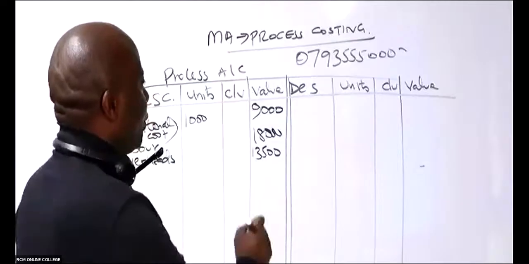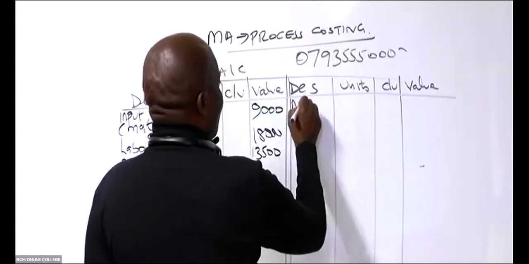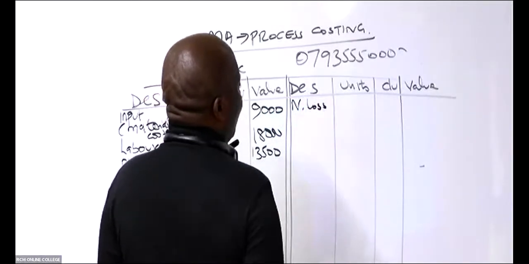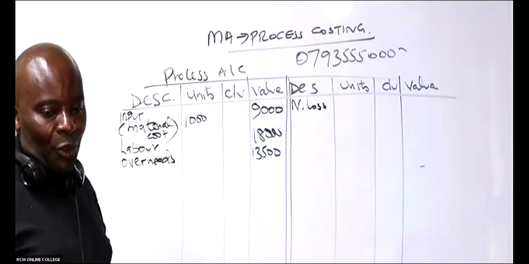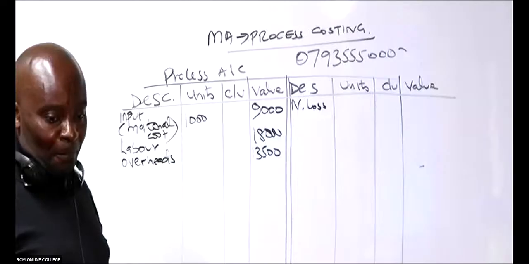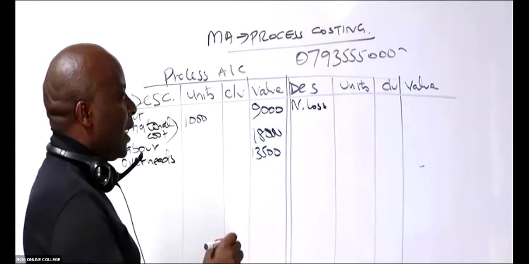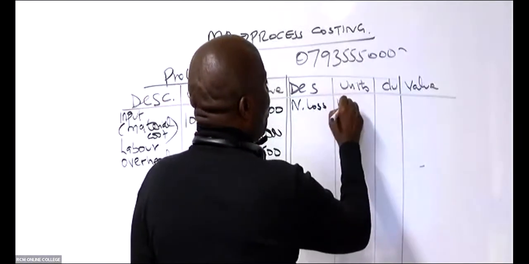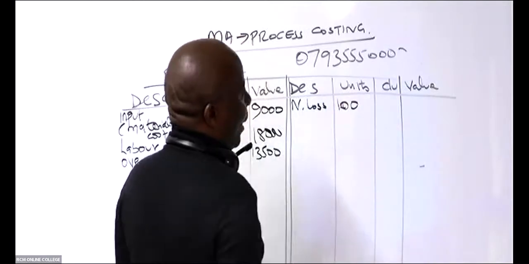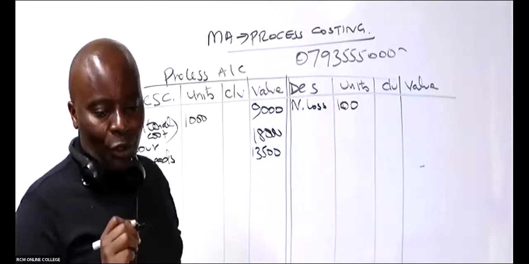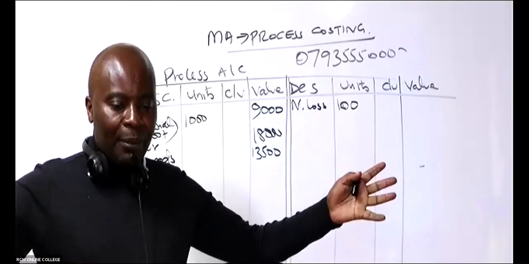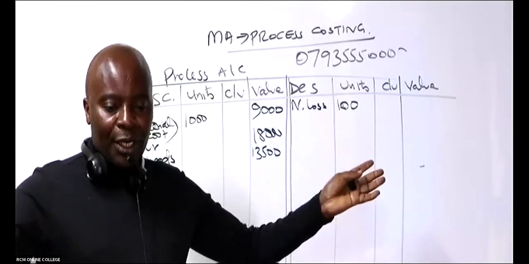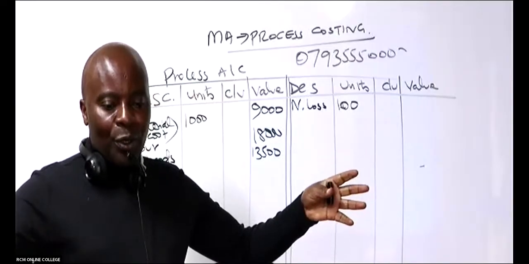And then we have normal loss. Are you able to remember the normal loss units? 100. What do we normally do with normal loss units? We scrap them, sell them at a throwaway price. If it is given there, we shall always sell them.